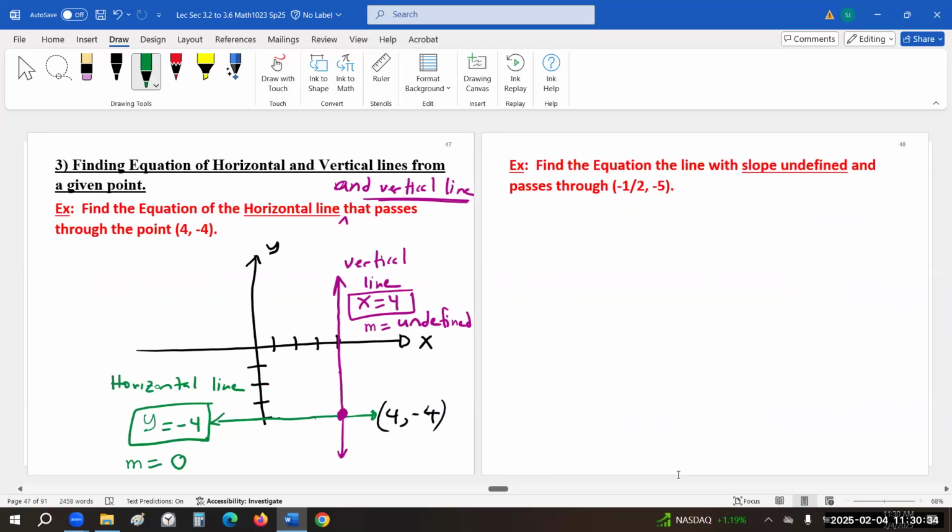Now you try one. Same concept, but their wording is a little bit tricky. It says find the equation of the line that has undefined slope. What type of line has undefined slope? So see, they could simply say find the equation of the vertical line, but they didn't say that.